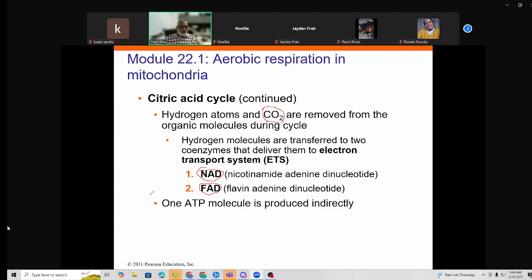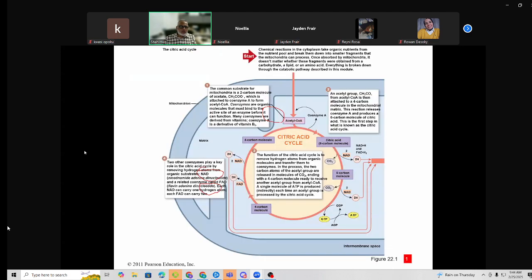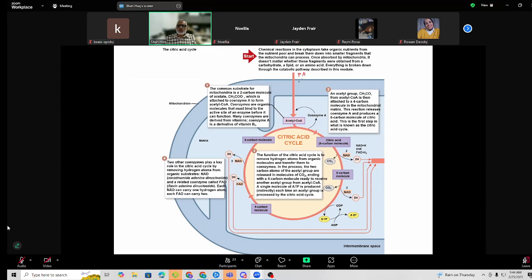Okay, now we'll see the reactions of the citric acid cycle. So here, this is actually showing you not everything, but you have an idea how these reactions are taking place in a cyclic form. So you see the first material, which is pyruvic acid, which is not showing here, but I'll show you later.